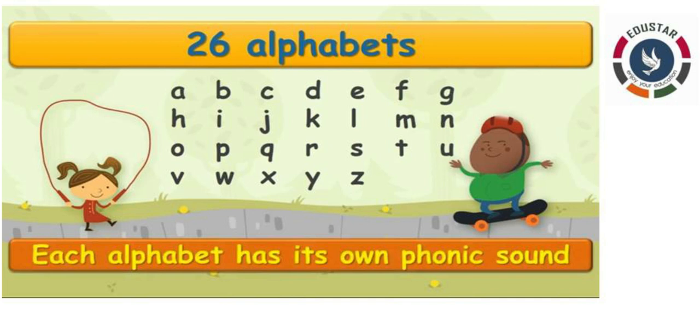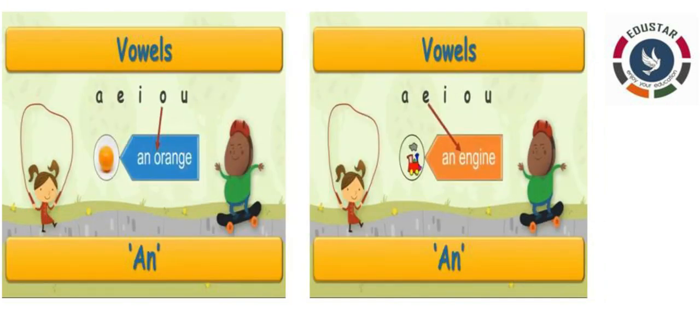From these 26 alphabets, A, E, I, O, U, these 5 alphabets are known as vowels. Have you studied vowels in your earlier classes? They give a vowel sound. A, E, I, O, U.